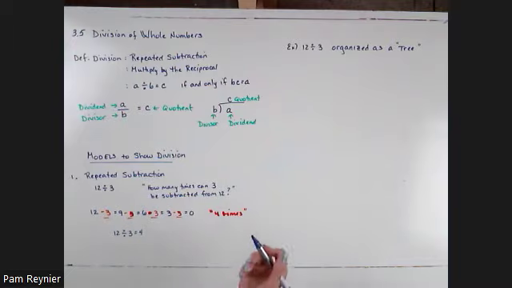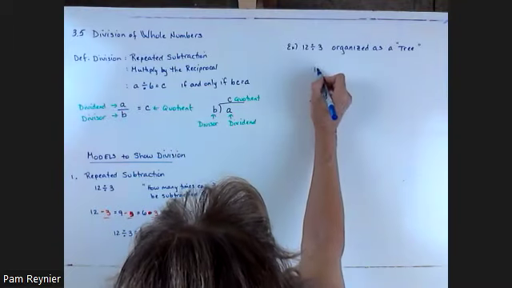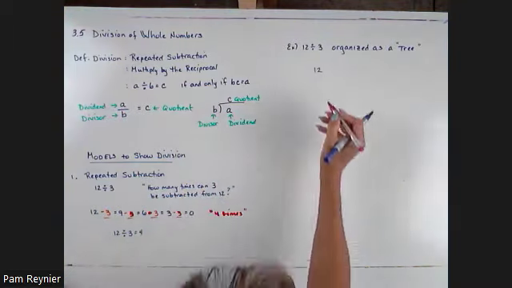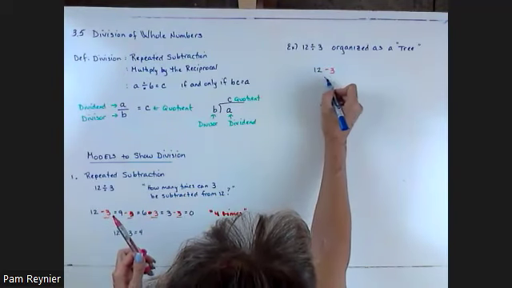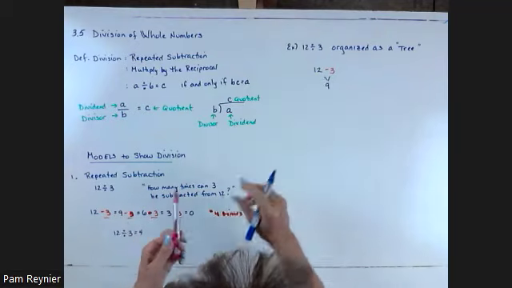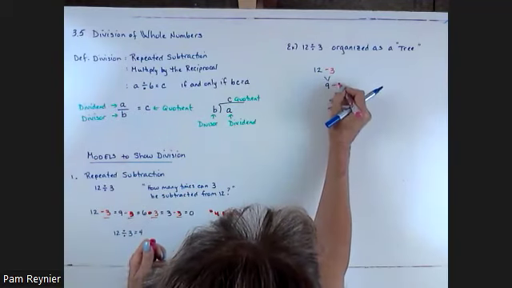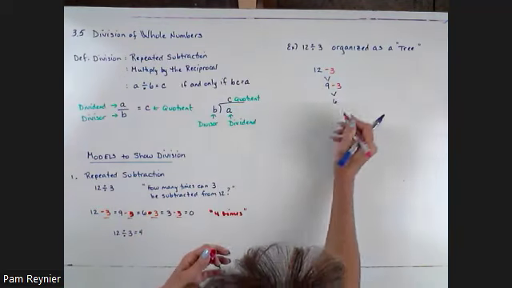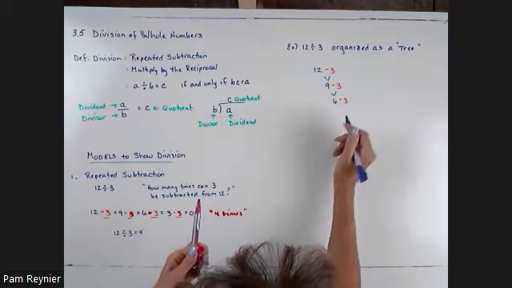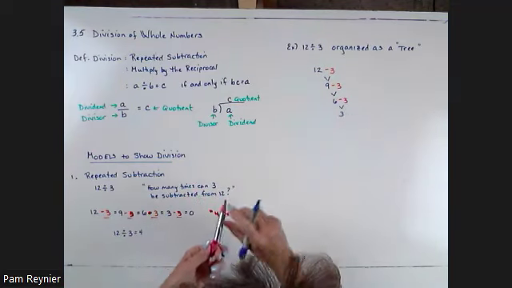So if I start with 12 and I subtract 3, that gives me 9. And again, I haven't gotten to 0 yet, and I can still subtract 3. So that's going to give me 6. I can subtract 3 again. That's going to give me 3.